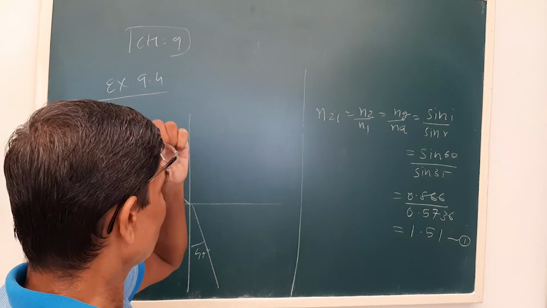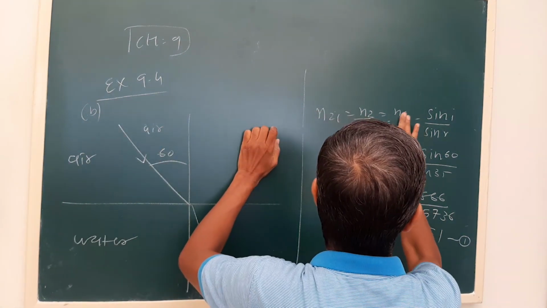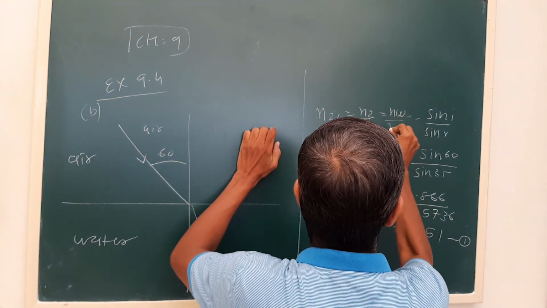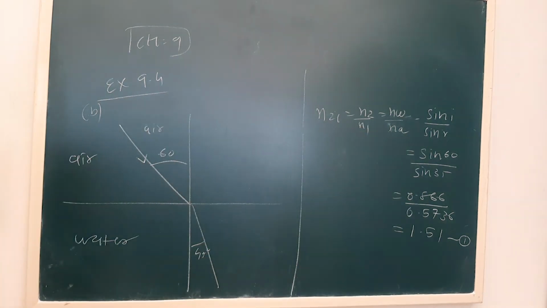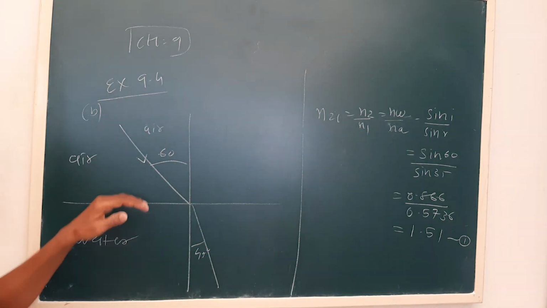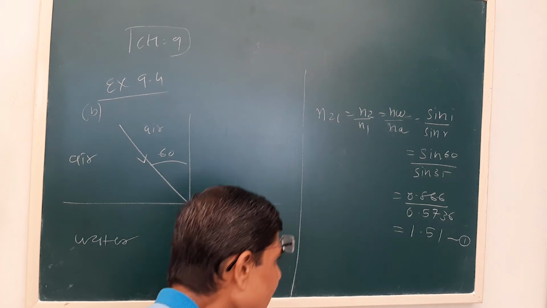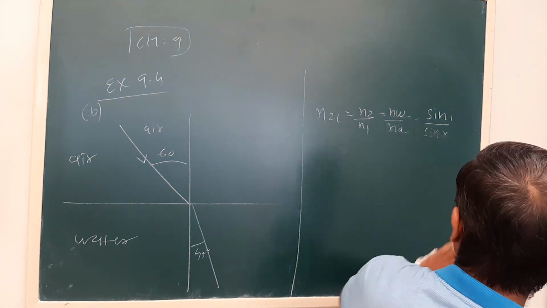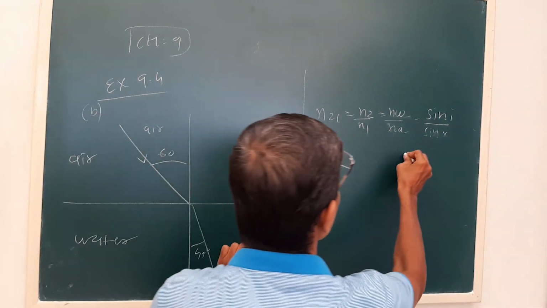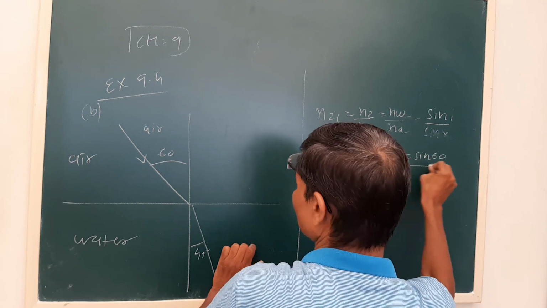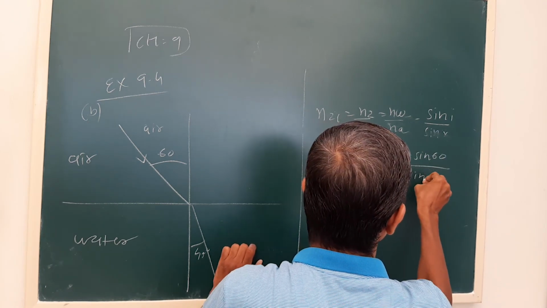Here N21 will be N2 upon N1, that will be Nw. That is the refractive index of medium 2 with respect to medium 1, so that will be sin I upon sin R. Now I is 60, R is given as 47.